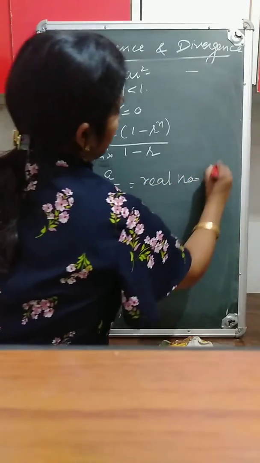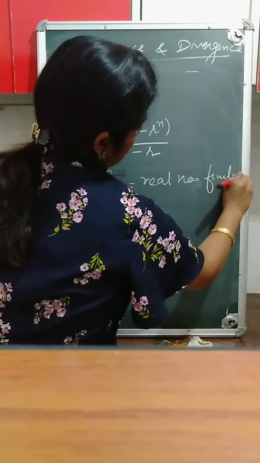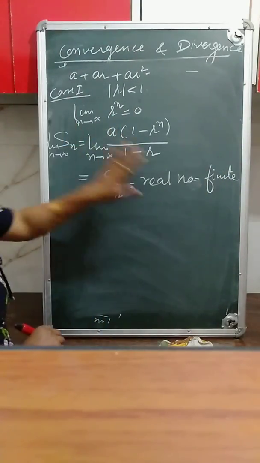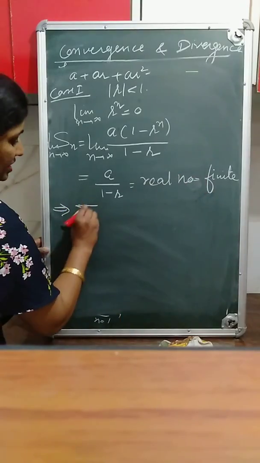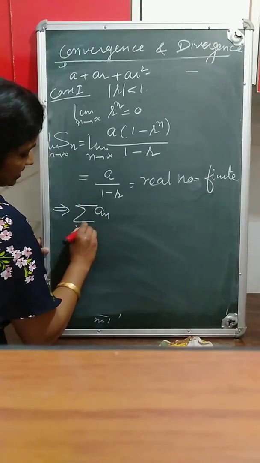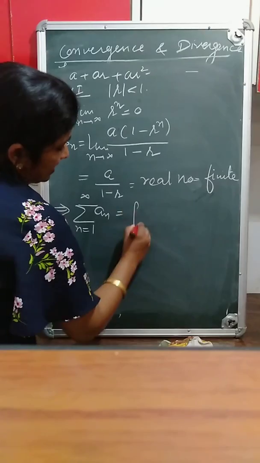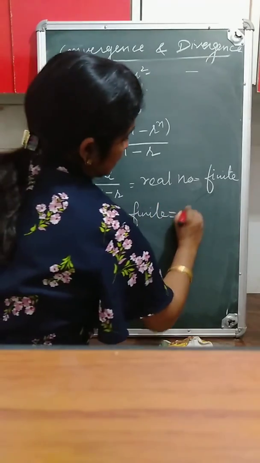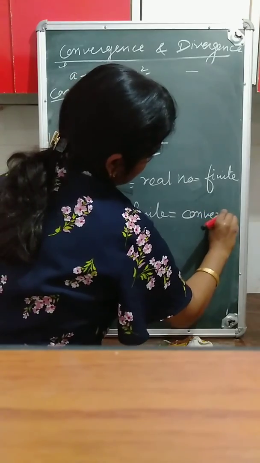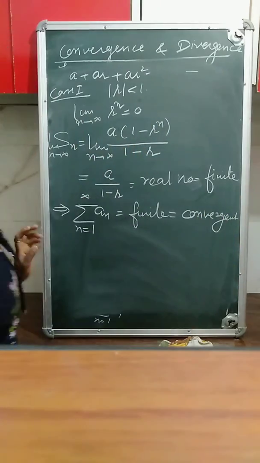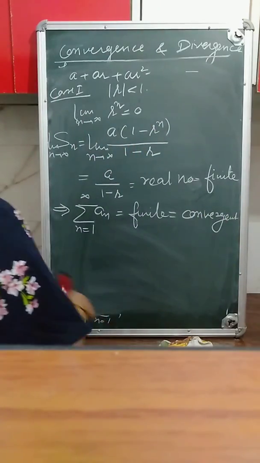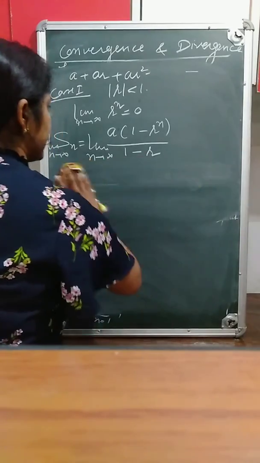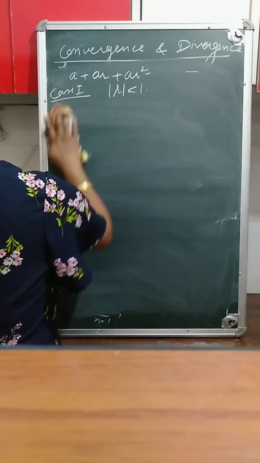So this is finite, and it implies limit n tending to infinity Sn is finite, and therefore the summation from n equals 1 to infinity is finite, and therefore in this case this is convergent. Okay, next we consider case 2, when r is greater than 1 and r is equal to 1.